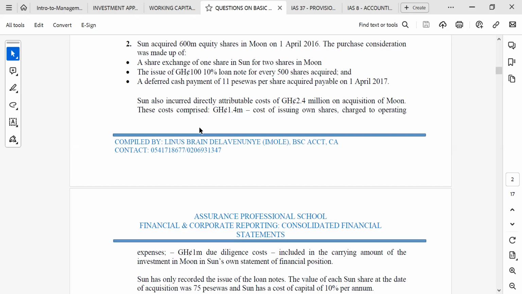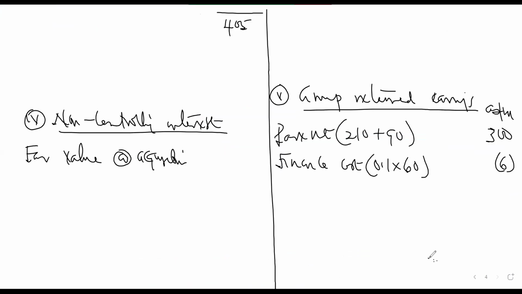So you debit your equity shares to subtract the 1.4, then you credit your retained earnings. You go and reverse it. It's supposed not to be charged to profit or loss. So the cost of issuing own shares must be reversed. Okay.